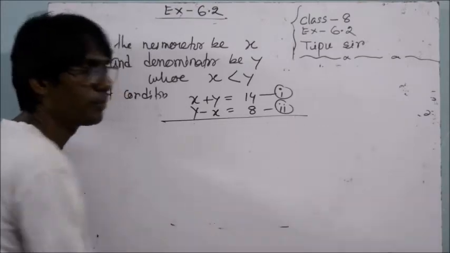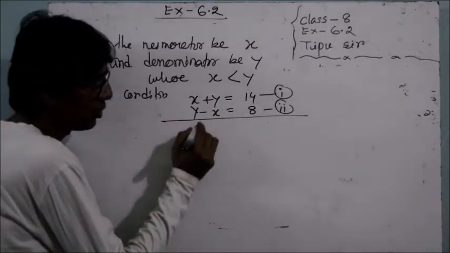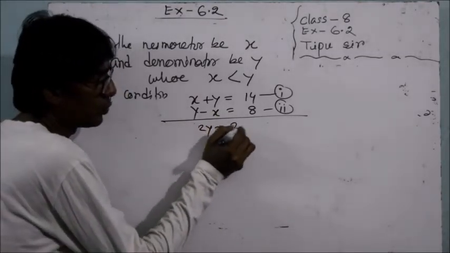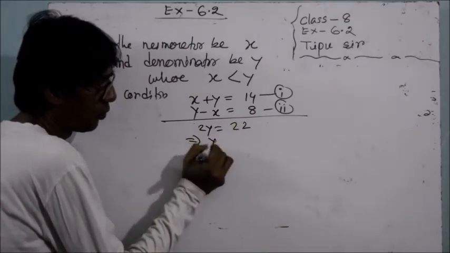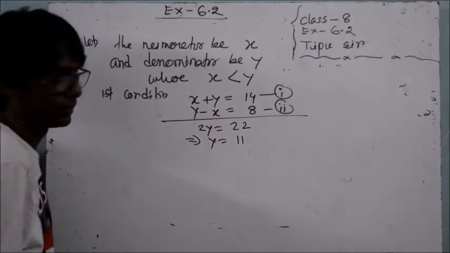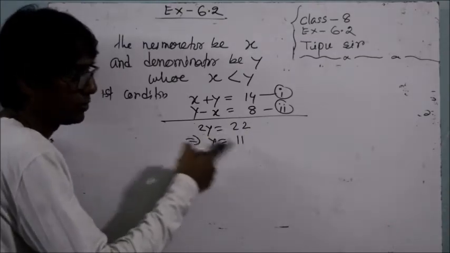Now adding both equations, x is eliminated, so twice y is equal to 22, or y is equal to 11. Why 11? 22 divided by 2 is equal to 11.